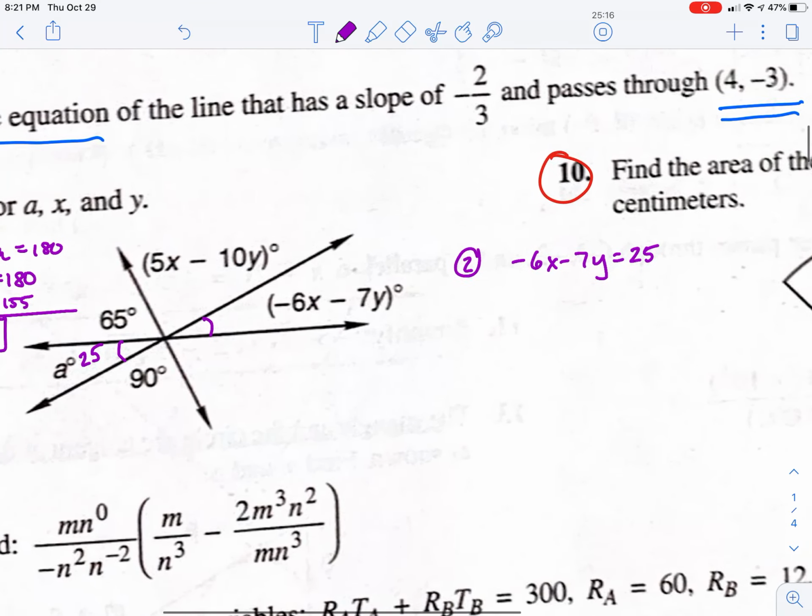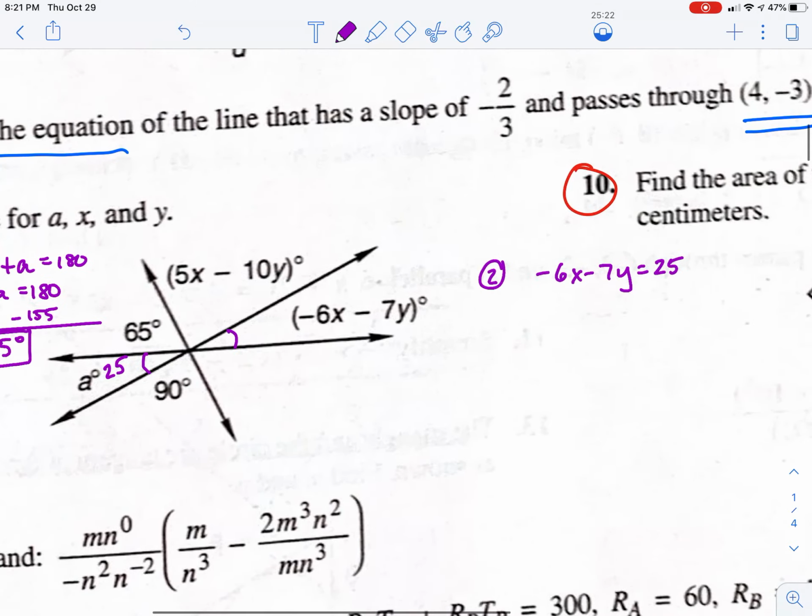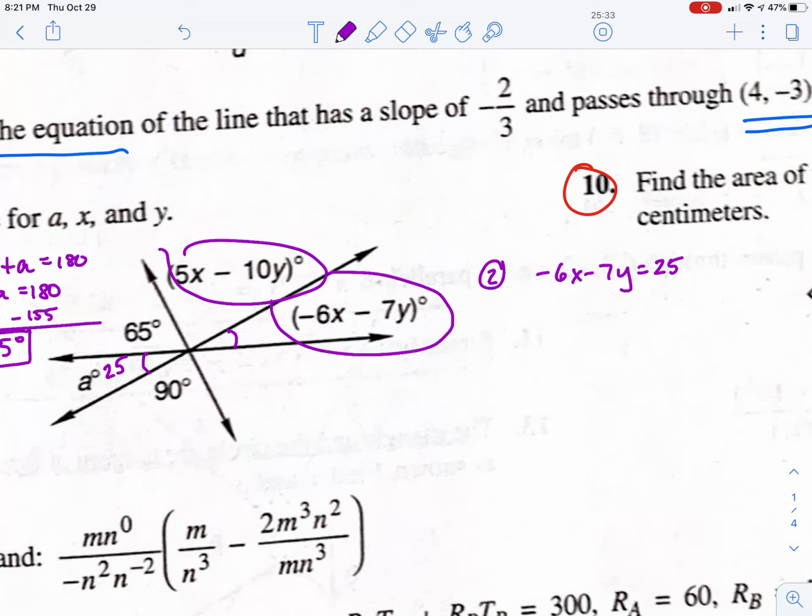Oh, you know why? Because I remember why. I did this two different ways, because in the Saxon answer key, they actually want you to see a system of equations here. This and this. That wasn't my first go-to in my brain.